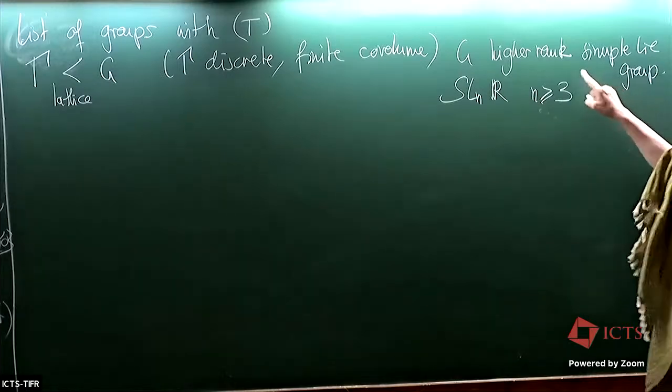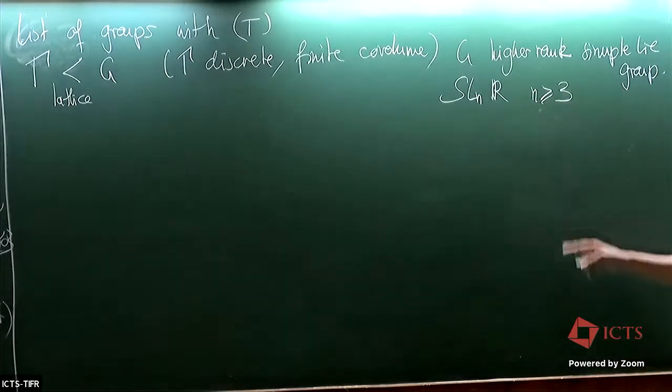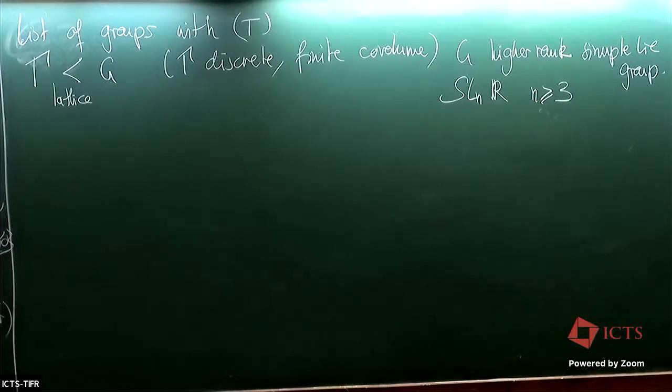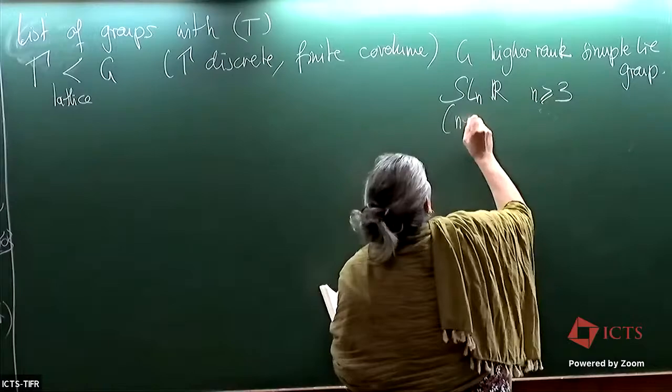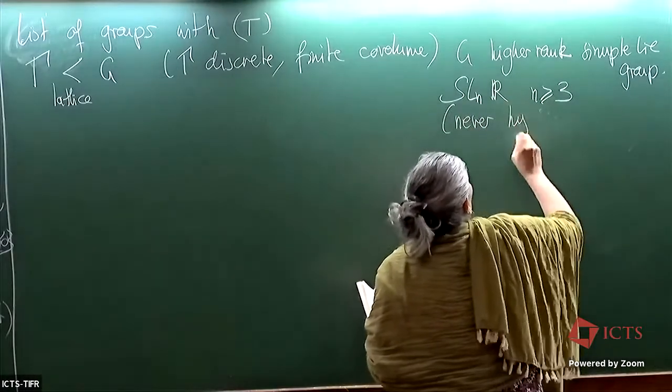So higher rank, or SL_n(R) for n greater or equal to 3, means that you're going to find a flat copy of R^2 within your group. In particular, you cannot be word hyperbolic because you have this flat piece. So they're never hyperbolic.